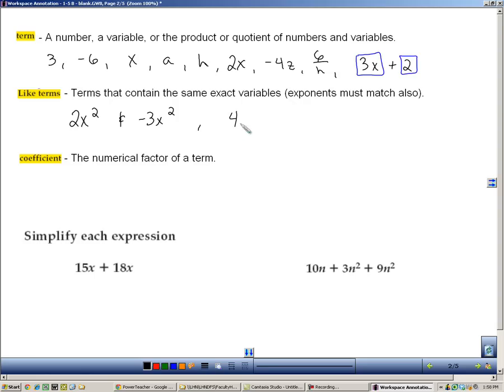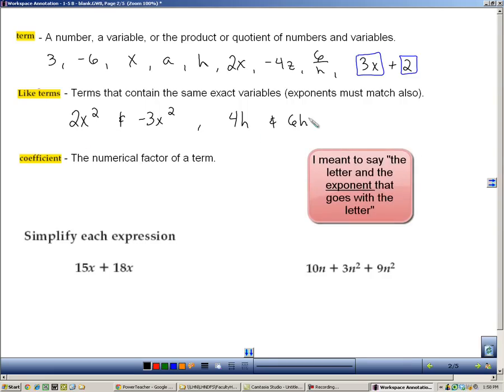If I have 4h and 6h squared, those are not like terms because one of them is an h and one of them is an h squared. If I delete the squared, now 4h and 6h are like terms. So it has nothing to do with the number in front, but it has everything to do with the letter and the exponent that goes with the letter. That's what makes something a like term or not.